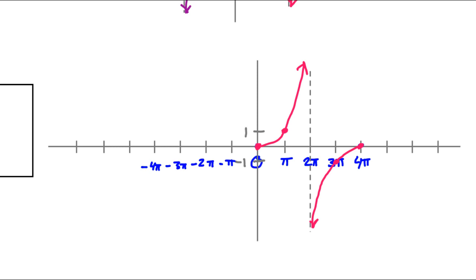Okay, so this is where the period should end or begin for the left side. Alright, the left period that I'm about to draw should begin at negative 4 pi. Again, right in the middle, I should have a vertical asymptote. So I'm going to draw one of those as a dotted line halfway through the period.